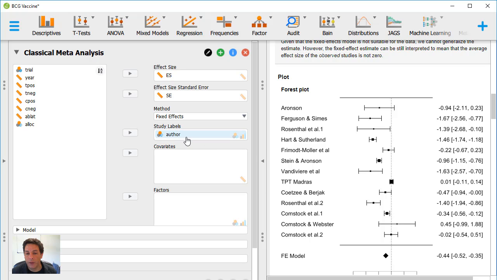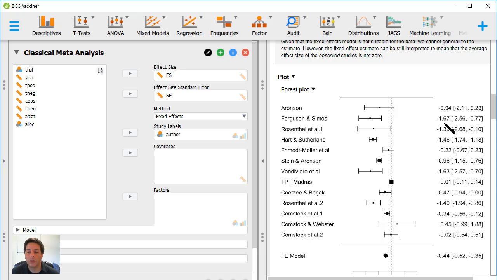If we didn't use the labels, we will have study 1, study 2, study 3, study 4, etc. This is the effect size in that study. Negative 0.94 in Aronson study, negative 1.67 in Ferguson and Symes study, negative 1.39 in Rosenthal et al. number 1.